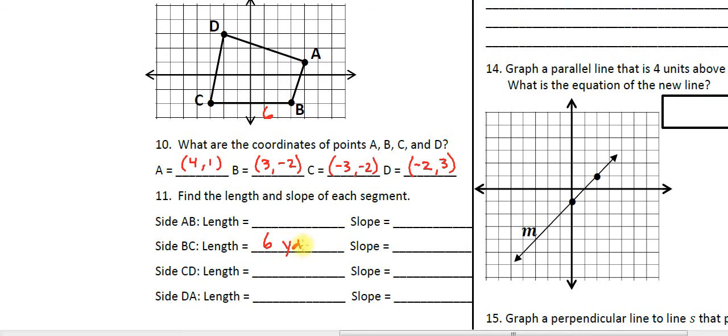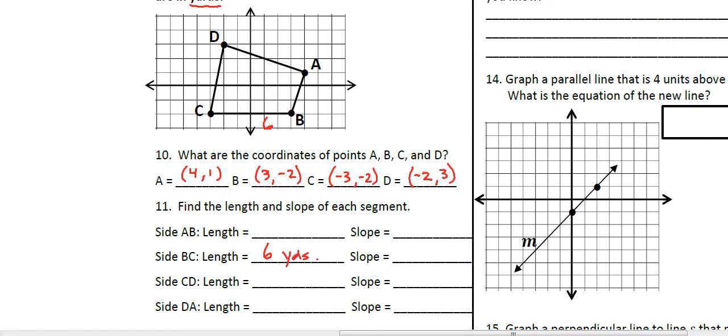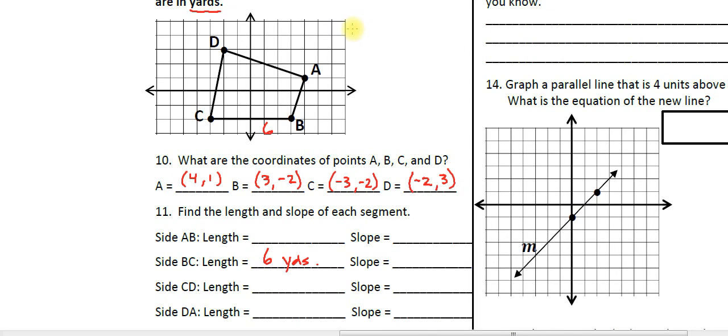I can abbreviate that YDS. Okay, now every other line on this shape is a diagonal line. It's not vertical, it's not horizontal. That means I have to use Pythagorean Theorem. I'm going to crank through these pretty quick. Let's go ahead and figure out the length of AB. If you look at my Pythagorean Theorem, I'm going to make a right triangle. It has a leg of 1 and a leg of 1, 2, 3.